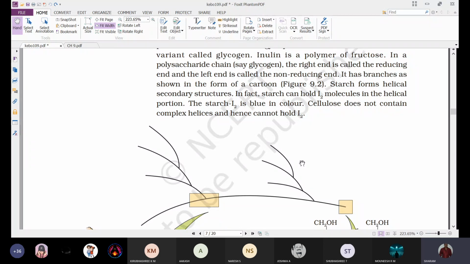It will hold only a few iodine molecules. As a result, glycogen will give red color with iodine. Whereas cellulose does not contain complex helices and hence cannot hold iodine. So it will remain colorless.